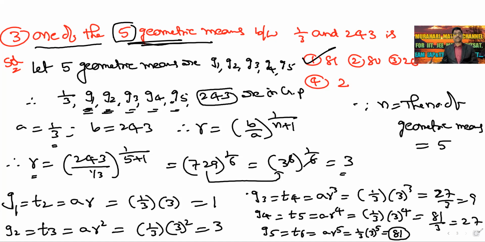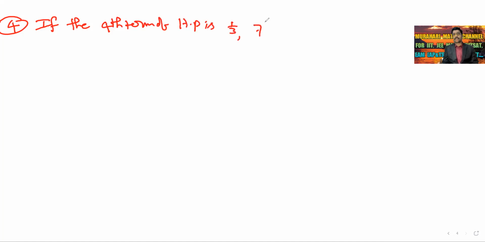Okay, now I am going to explain question number 4. If the fourth term T4 of an HP is 1/3 and the seventh term is 1/4, then we have to find the 16th term.